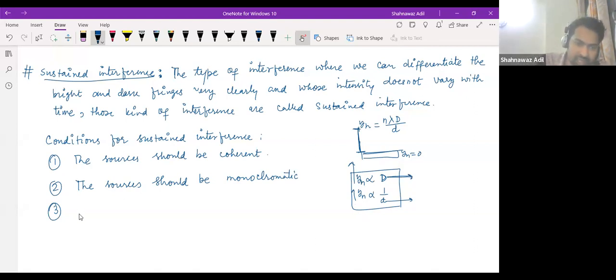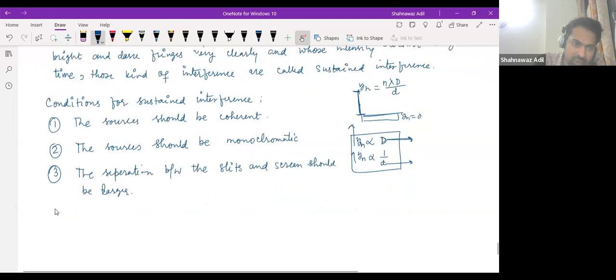Which means that the separation between the slits and screen should be larger, right? And the fourth thing that you saw: if I want to increase this thing, then d should be decreased, and D should be increased.